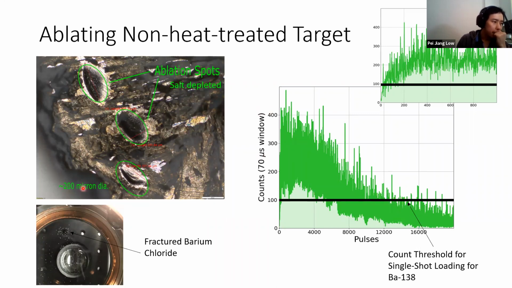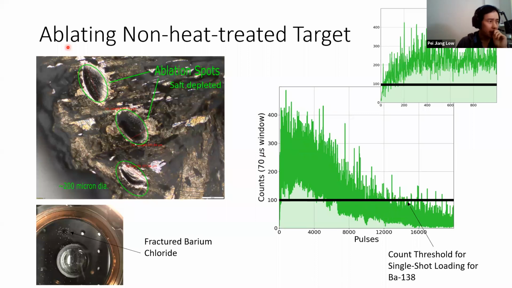And when we check back with a microscope, this is what we see. The dark chrome colored parts over here are the barium chloride salt, and this refractive part is the metal substrate that it sits on. These dark spots over here, the circles in green, are the ablation spots.